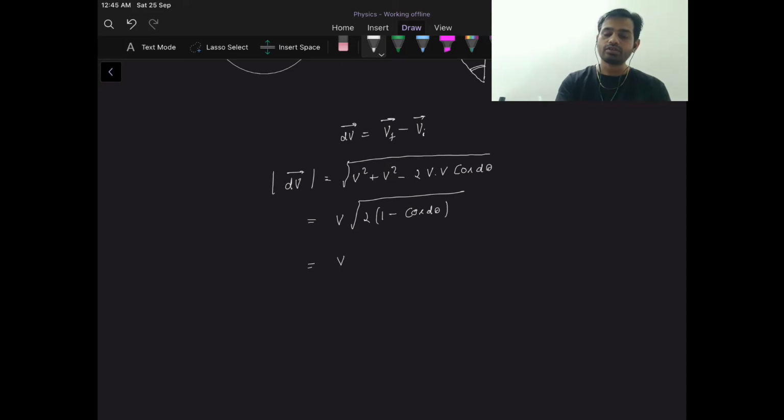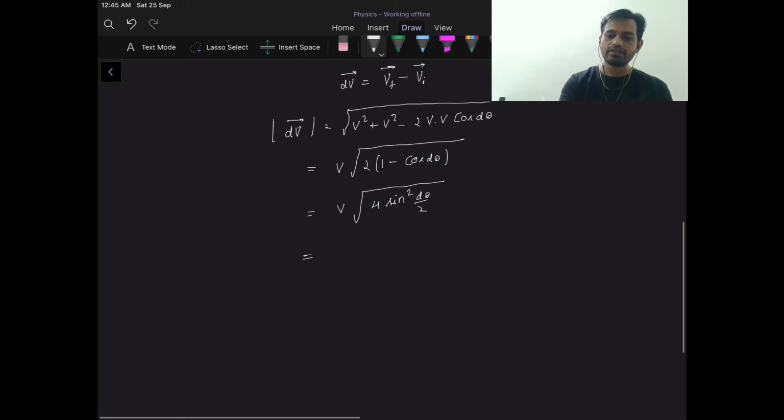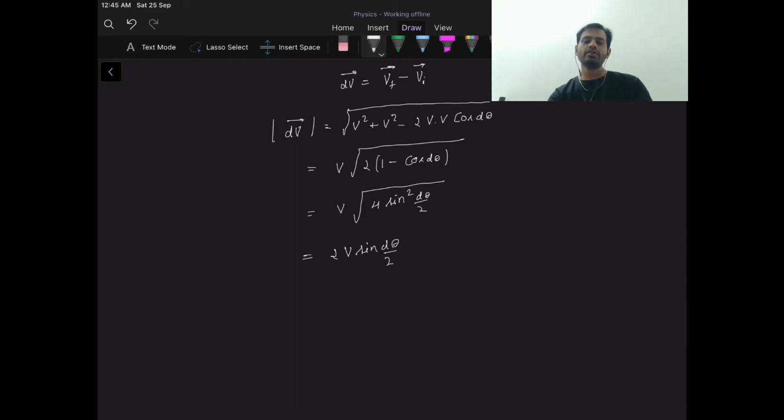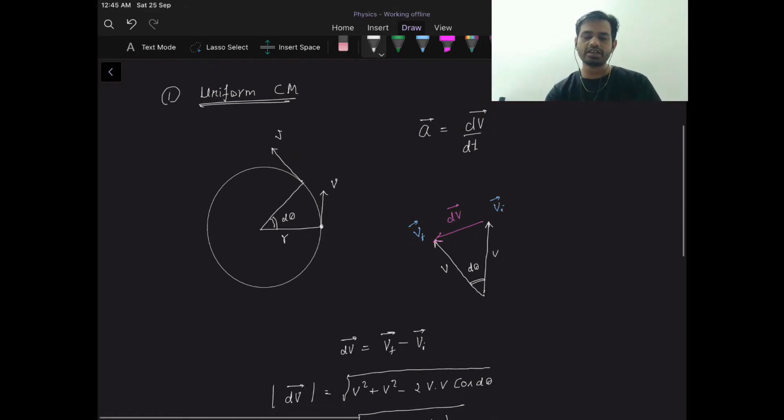Okay, so this value will be equal to 4 sin square d theta divided by 2, whole under root, and this value will be equal to 2v into sine of d theta by 2. As we already know, this d theta is very small.